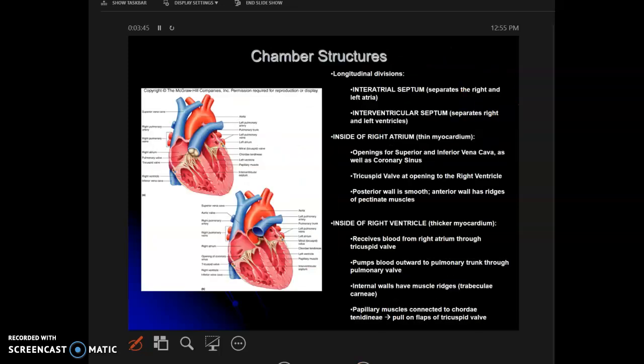All right, let's look at the inside of the heart. So let's go back to our box drawing. What was this? We said this is the right atrium, right?